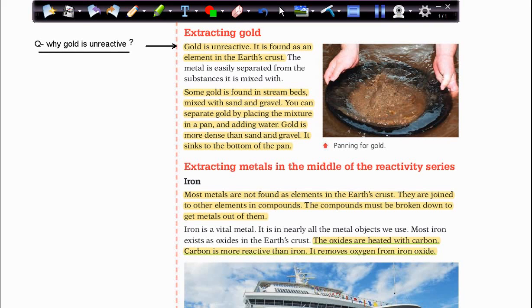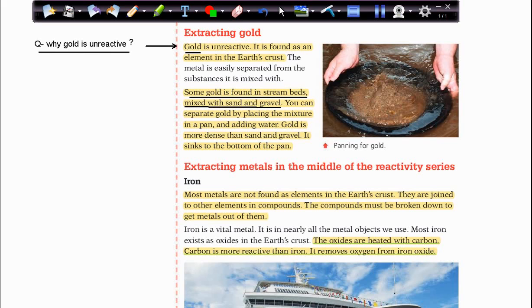We studied before about the reactivity series, and we said gold comes at the bottom of the reactivity list. So that's why it's unreactive. And we can find it as an element not joined to other elements in the Earth's crust, in stream beds, mixed with sand and gravel.